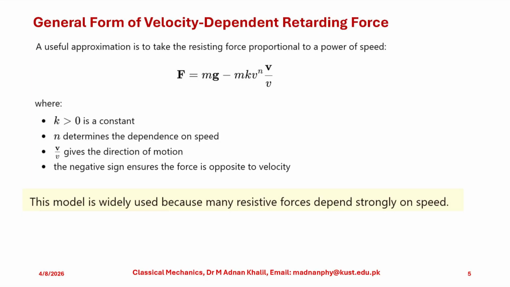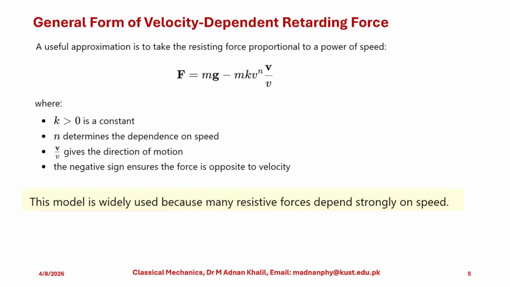A larger value of k means a stronger opposition from the medium. The exponent n tells us how the force depends on the speed. For example, if n equals 1, the force is proportional to the speed. If n equals 2, it is proportional to the square of the speed.